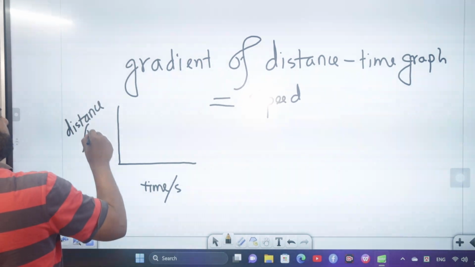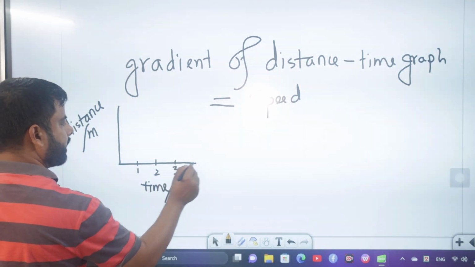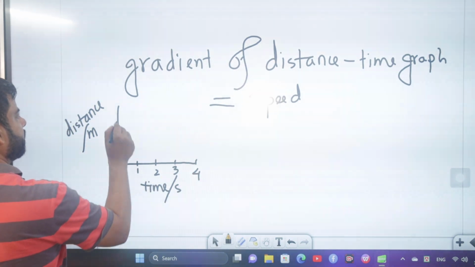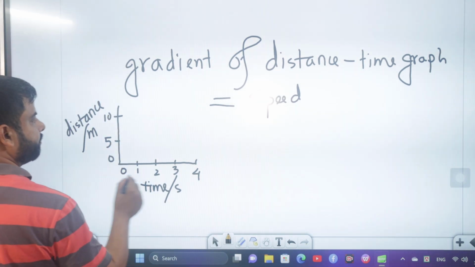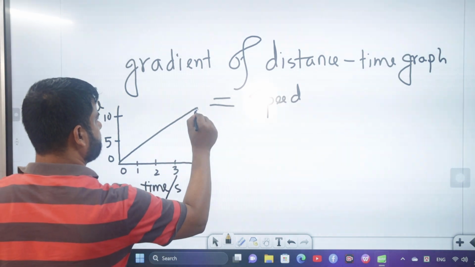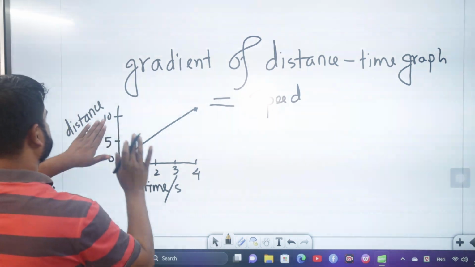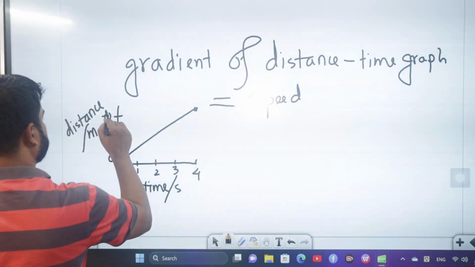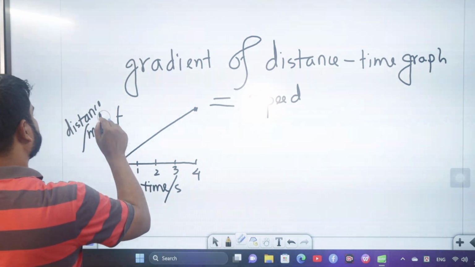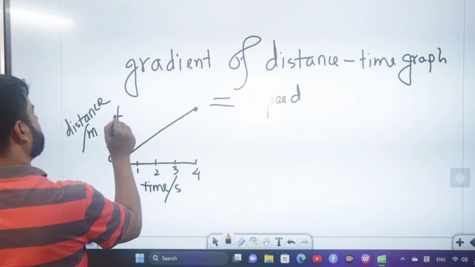Time 1 second, 2 second, 3 second, 4 second, and here distance 5 meter, 10 meter. Say here it is a distance time graph.